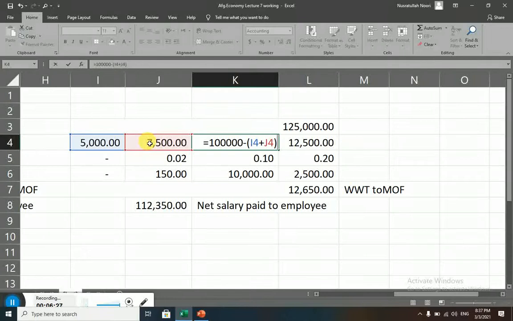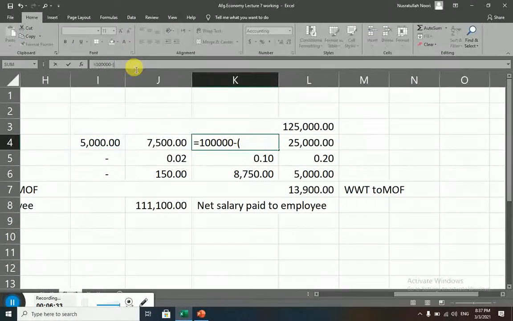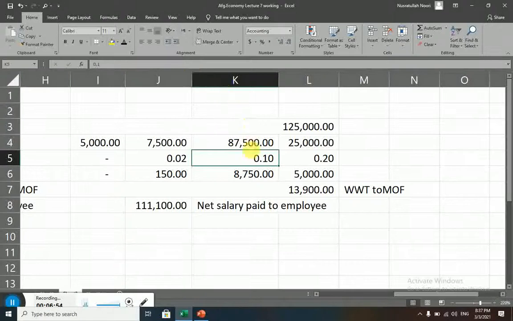You can do it this way, or you can do 100,000 minus 12,500. We deduct 12,500 because on this we have already calculated the tax. So out of 100,000 we deduct 12,500, and on the remaining amount we calculate the 10% withholding tax. The remaining amount is 87,500.